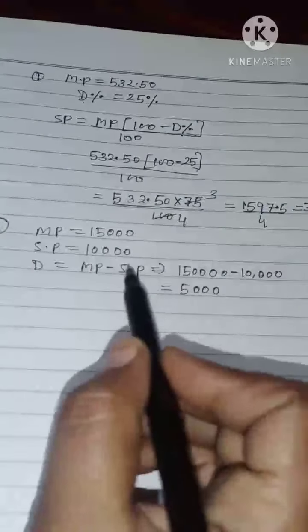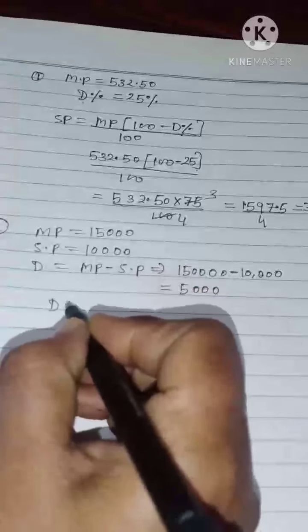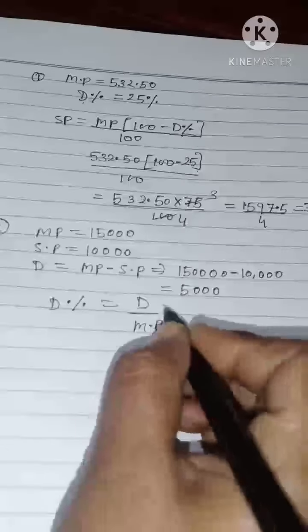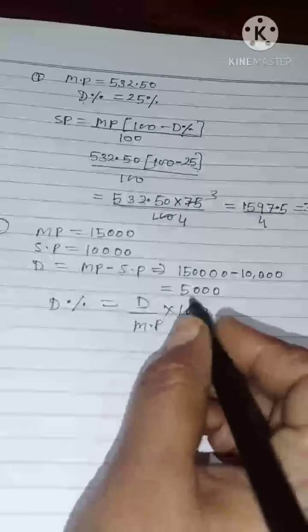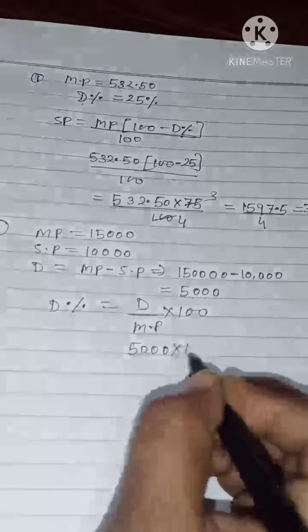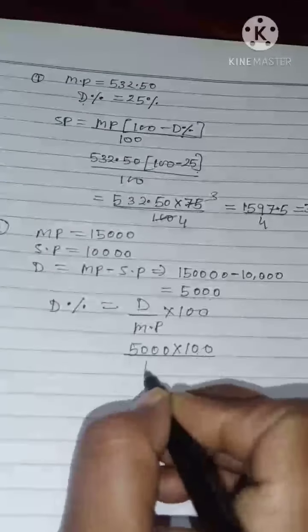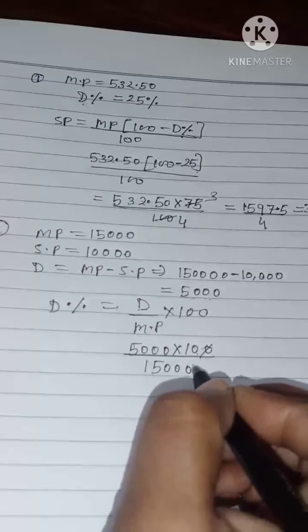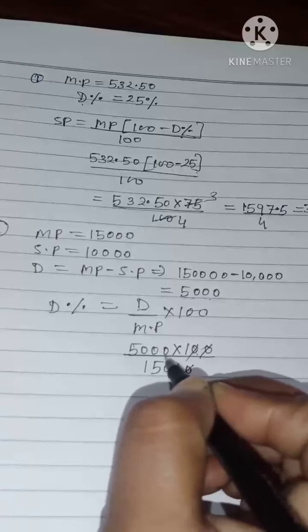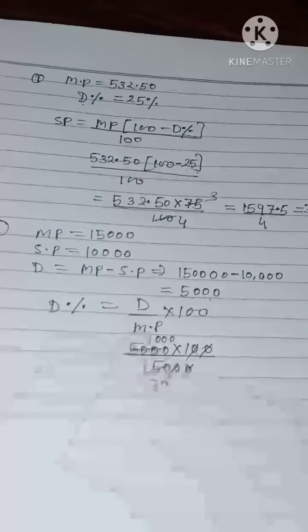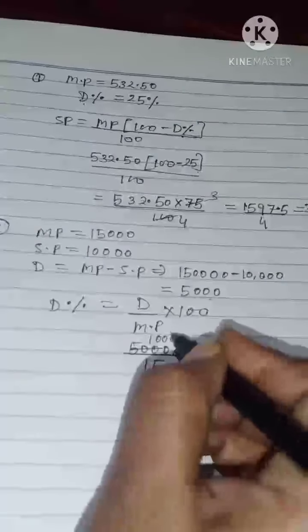Now what do you have to do? Discount percent. The discount percent formula is discount upon marked price into 100. So how much discount are you getting? 5,000. So it will be 5,000 into 100 upon marked price, which is how much beta? 15,000. Now cancel the zeros in this way. 5 3s are 15, 5 1s are 5, 0 0 0, and one more 0 will cancel.